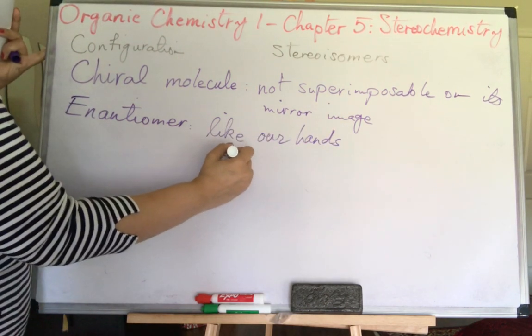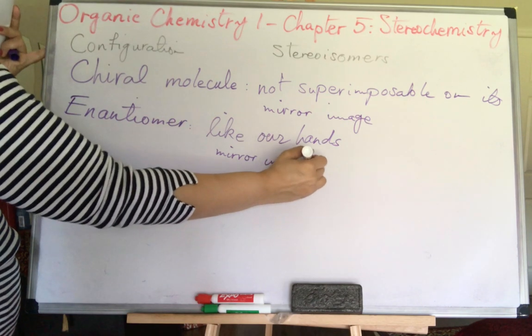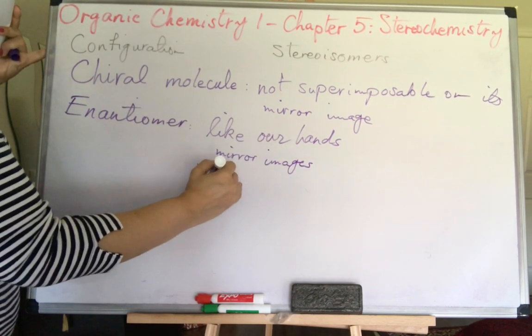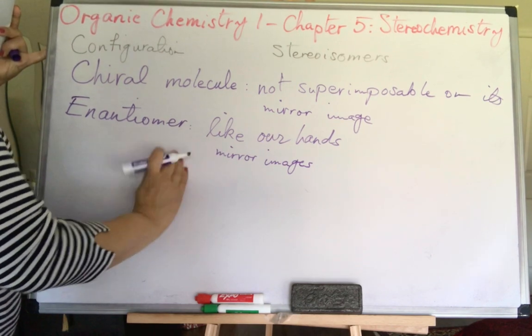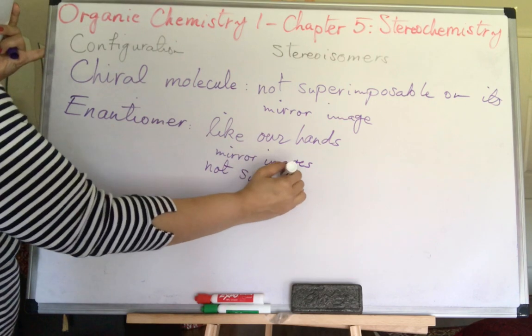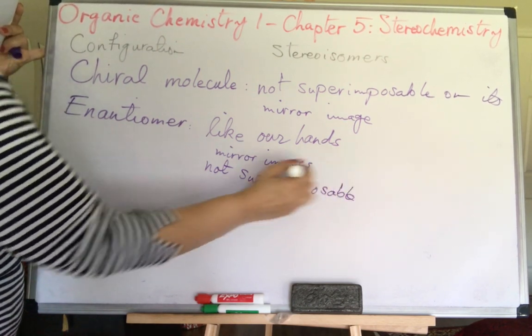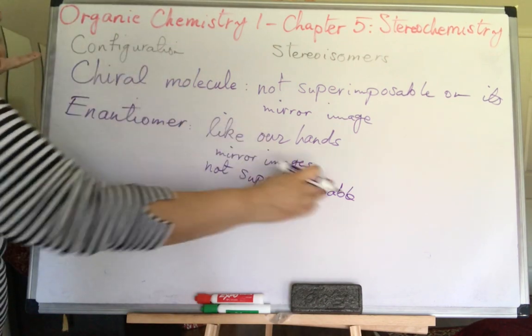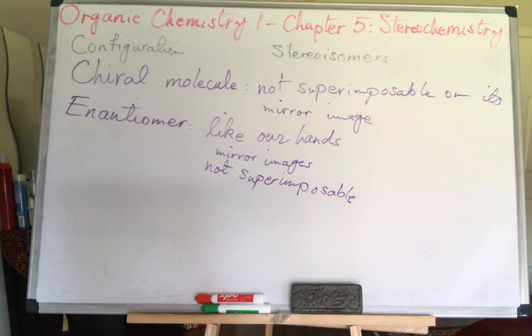They are mirror images, not superimposable. All right? So first we talk about enantiomers.